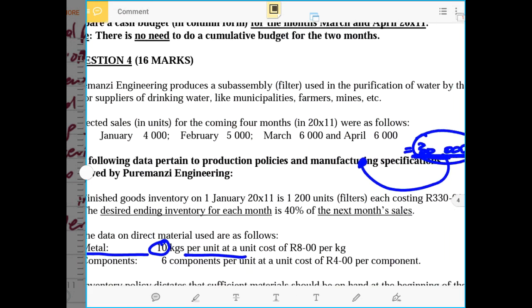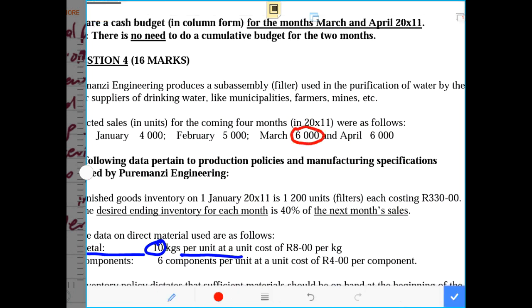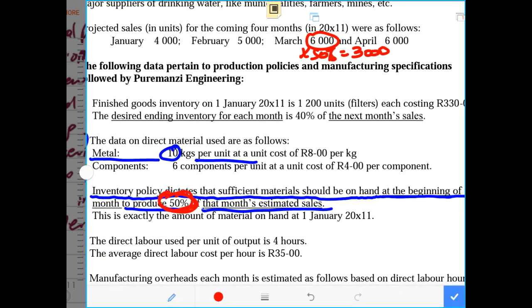Here is March, 6,000. We multiply this by 50%, and it will give us 3,000 units. Remember, 3,000 units is 50% of the estimated sales for that month, in this case, March.